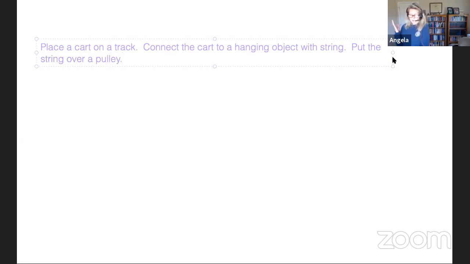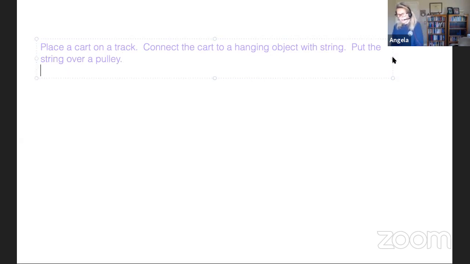Connect the cart to a hanging object with a string. Put the string over a pulley. Right? That's basically the setup. Hanging object implies that it's vertical.